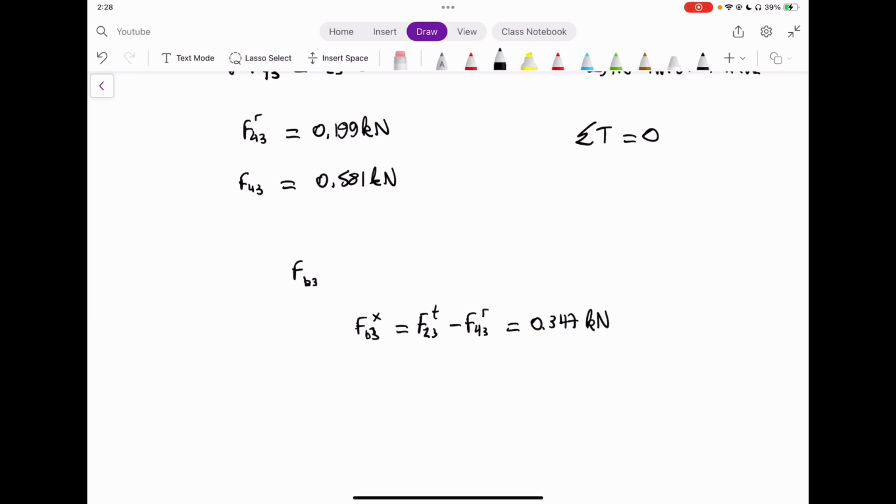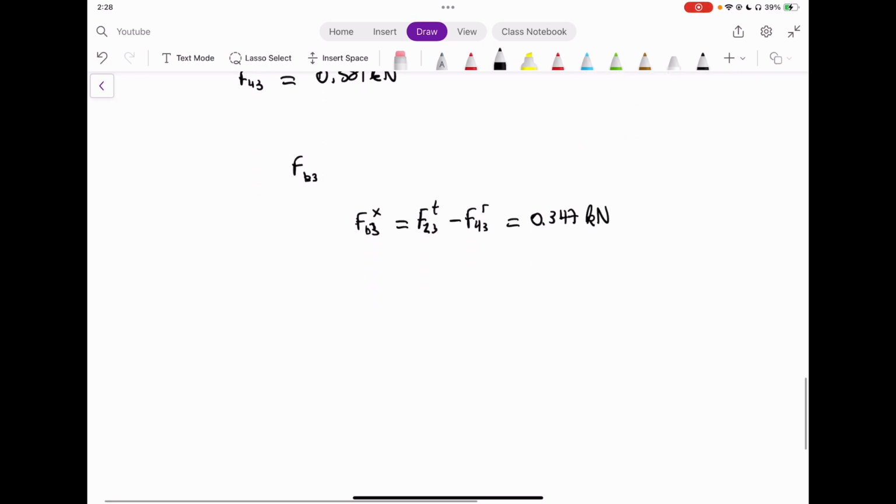kilonewtons. And then we can also do the sum of forces in the y direction, and that's also going to be equal to 0. If you actually solved for FB3 in the y direction, you would also get 0.347 kilonewtons.